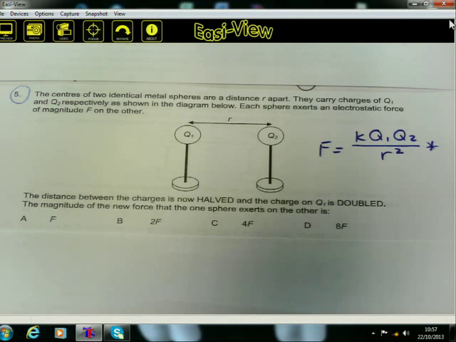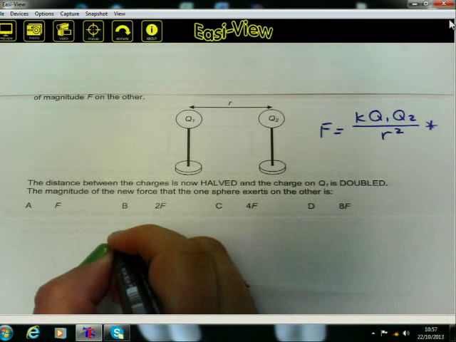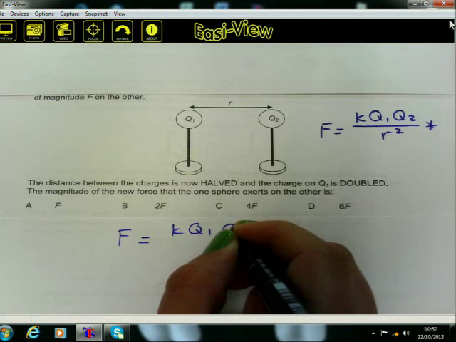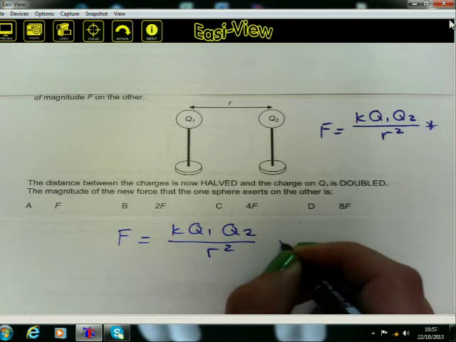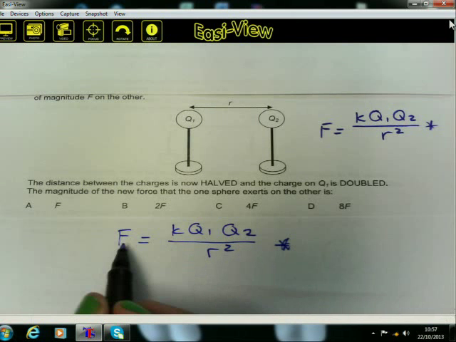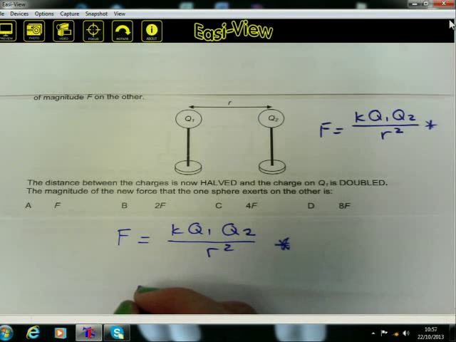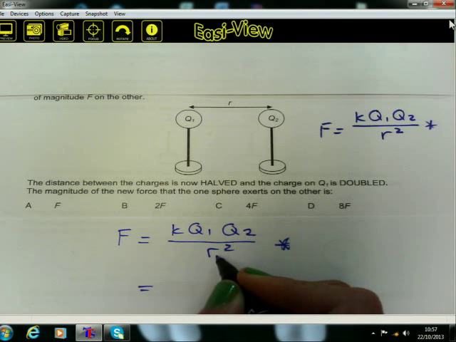Okay, so let's see how this one works. Let's write the original expression again. F equals K Q1 Q2 over R squared. And that's the original one, and that's equal to F. They told us that. Now we must change this one. So what's going to change? First of all, they said half the distance.